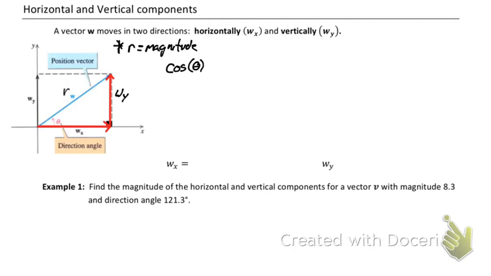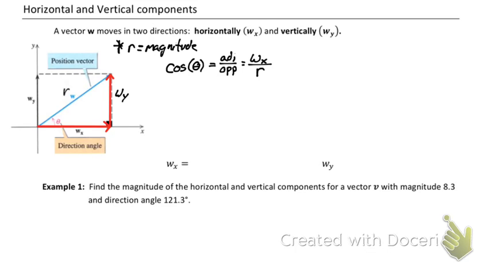So if I take cosine of theta, cosine equals adjacent over hypotenuse, which in this case, my adjacent is going to be W sub x over my hypotenuse, which is r, which is also my magnitude. So whenever I say r, think magnitude. Magnitude is just that distance.